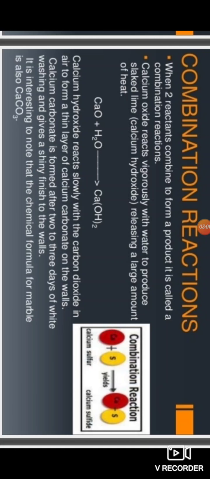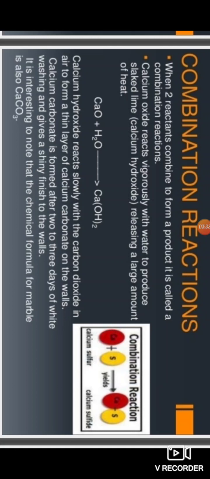Another example is when calcium hydroxide reacts slowly with the carbon dioxide in the air to form a thin layer of calcium carbonate on the walls, and water is separated.